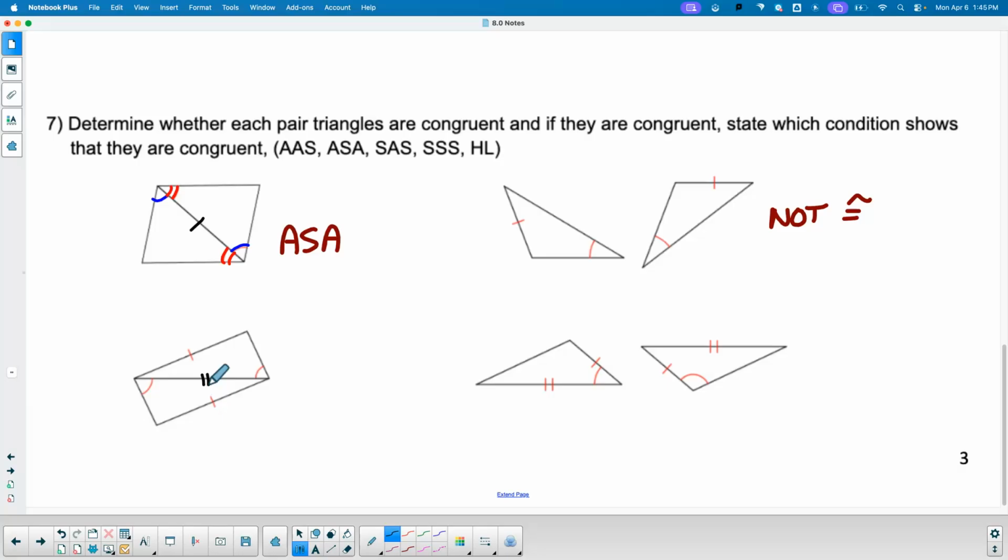Side angle side, no, because the angle that's congruent is not in between the sides. You understand what I'm saying? Because it's SAS, so that angle has to be in between those 2 sides. So can I say that these are congruent? No, because this is an angle side side case.